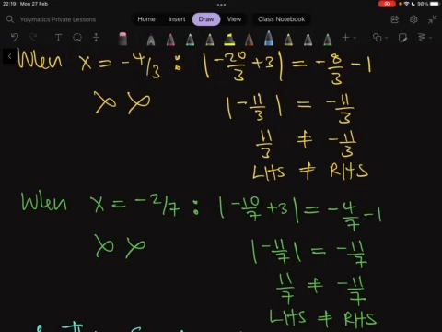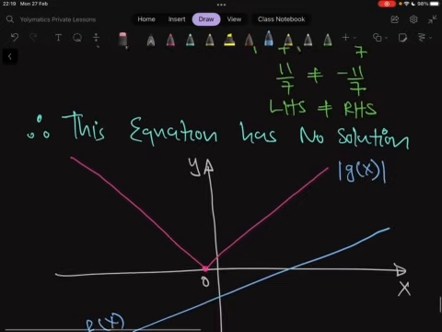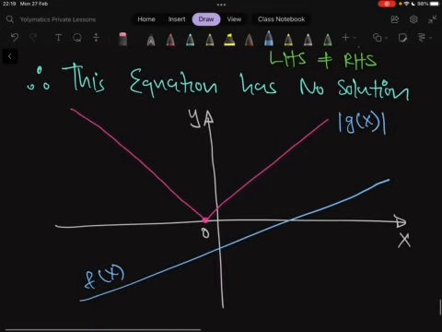So it's very important for you to always make sure that you do this step. Though you don't have to show it explicitly, you can do it on a rough page just to see if things are working fine. Otherwise, that's how one can solve these absolute value equations using these various techniques.